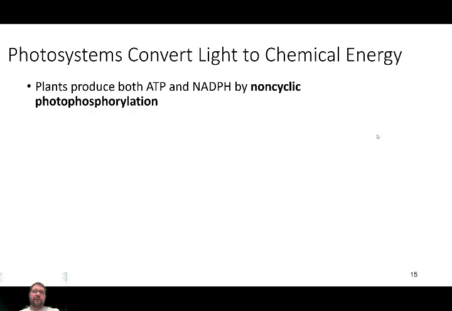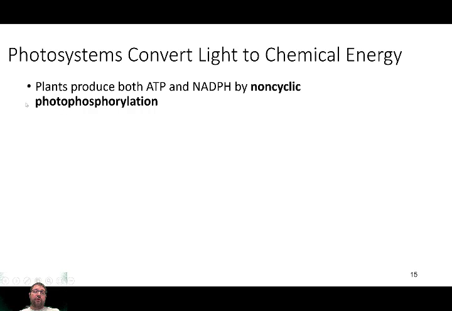Those are the products, at least those are the products from the light-dependent reaction, ATP and NADPH. And we say that it's produced in a non-cyclic, so in a linear form, and it's produced via non-cyclic photophosphorylation.